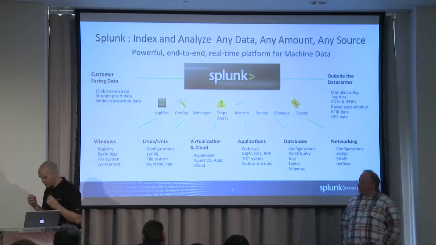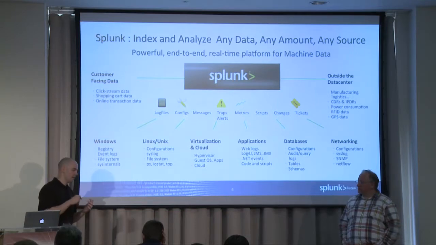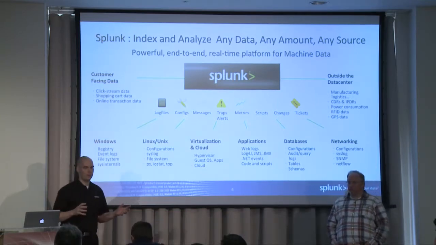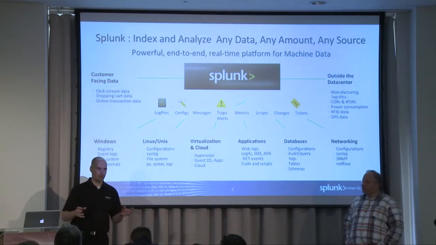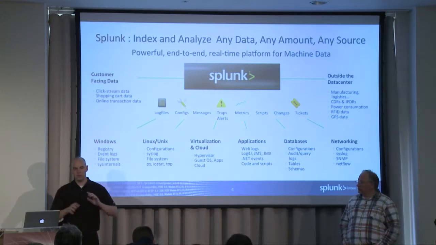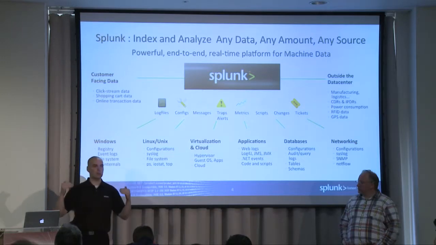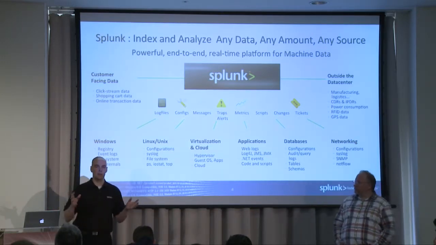So to think about what Splunk does, think about Google out there indexing web pages. All these web pages that are out there in the world have tons and tons of information on them. And when you want to go find that information, you go to Google, you type in what you're looking for, and through Google's algorithm and PageRank and all its smarts, it will direct you to the right place and get you what you need because Google has indexed those pages out there.